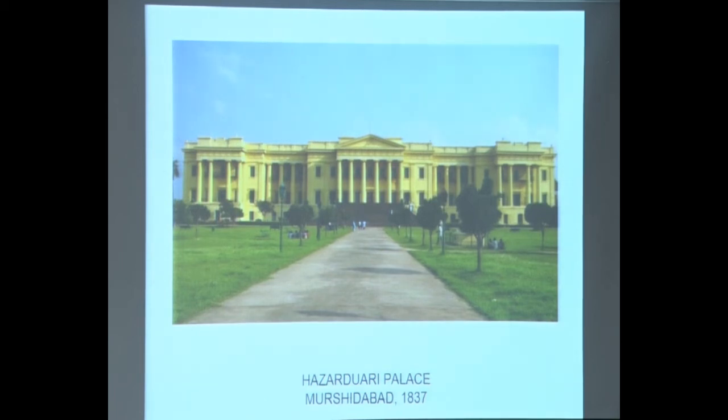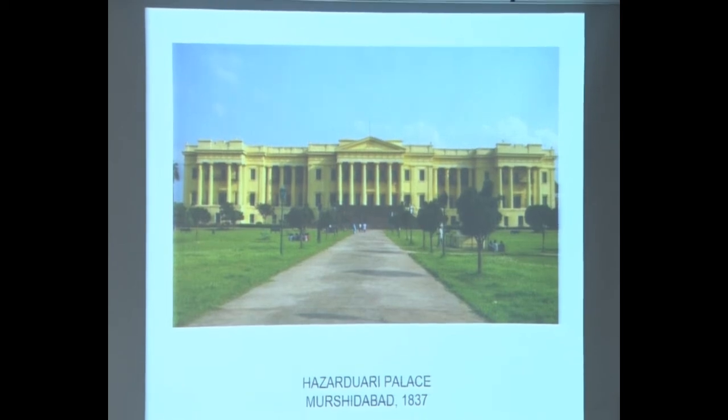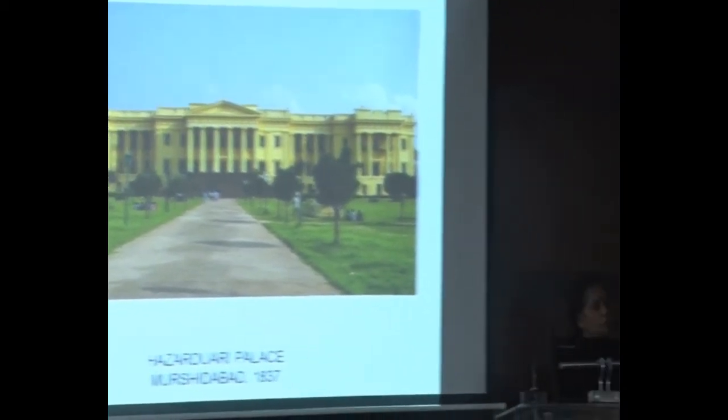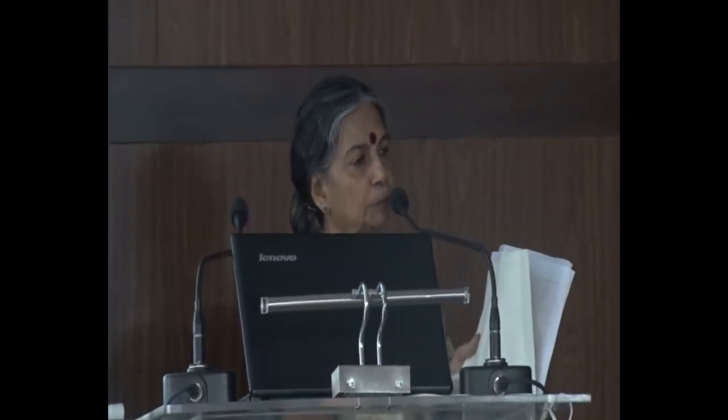Now comes Hajardwari. Even as late as 2005, we hear in a sumptuous production which talks of Murshidabad as the lost capital, that in the 19th century, when the Nawab Nazims were supposed to have lost all their power, even then Murshidabad was still prosperous because the Nazims hadn't all lost their power.